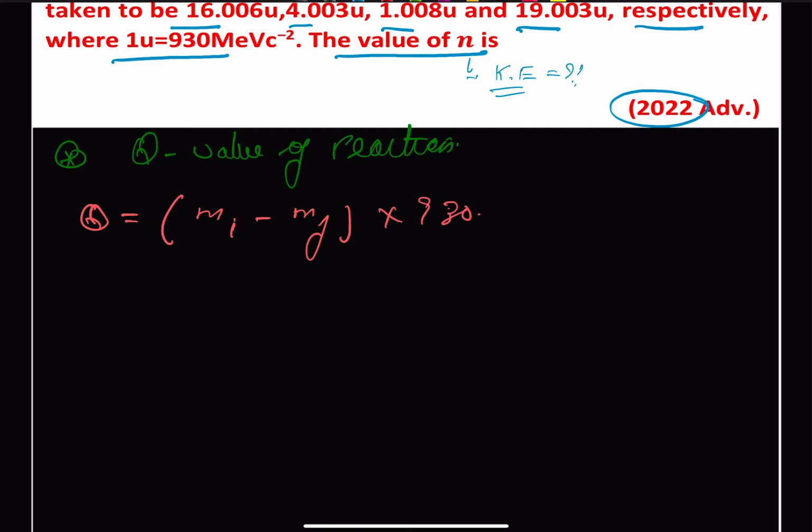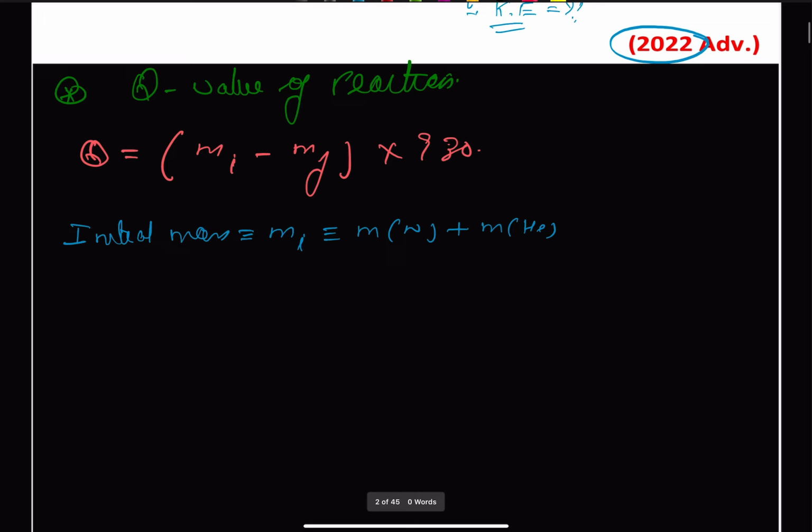So we can write that our initial mass, which is our Mi, will be equal to mass of nitrogen plus mass of our helium, and both values are given to us.